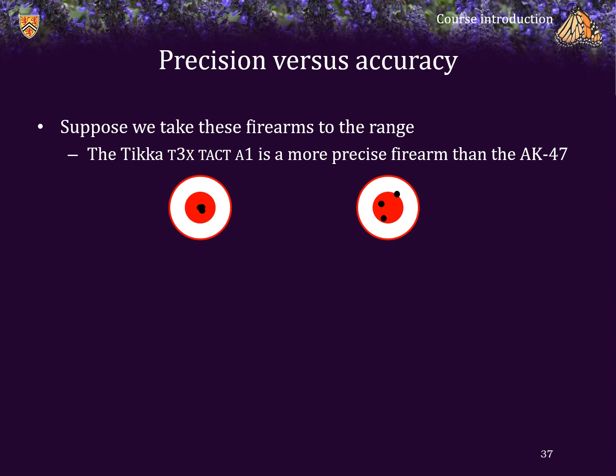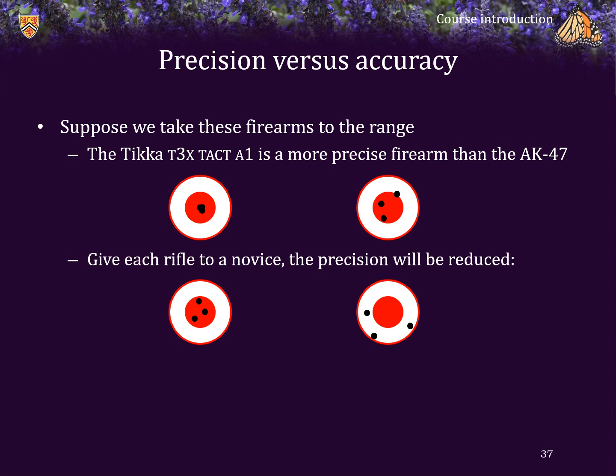If I am trying to hit a target at 100 meters, the Tikka will be much more precise than the AK-47. Now, if someone else who's a less experienced shooter uses these firearms, the precision will be reduced. But nevertheless, even a novice will have a better grouping or be more precise with the Tikka than with the AK.